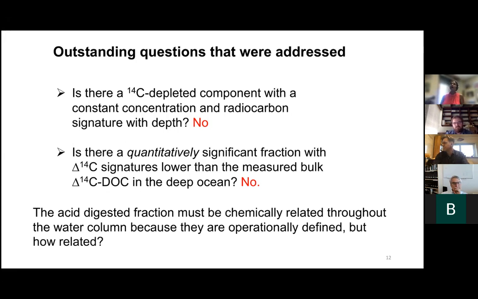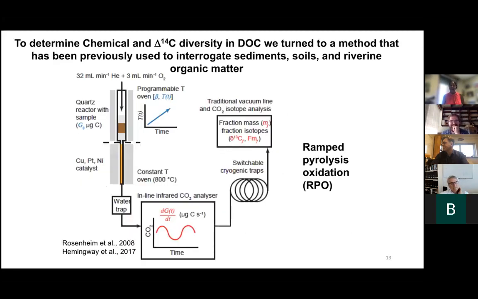It's been broadly used to study sediments and soils, and the reason we went after this technique was that it's been used in other studies to explore the radiocarbon distribution in organic matter. I'm not going to present those results today, but I'm happy to talk about what we found and why I'm not discussing them here. I'm going to talk through this very quickly, and I'm happy to talk more with those who might be interested.